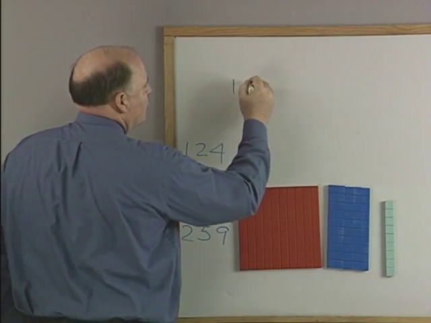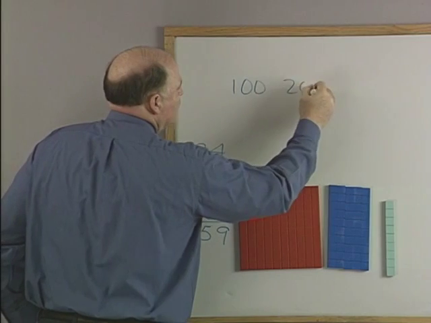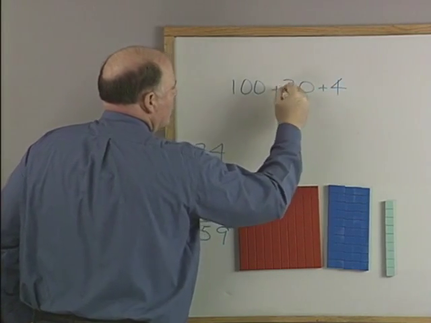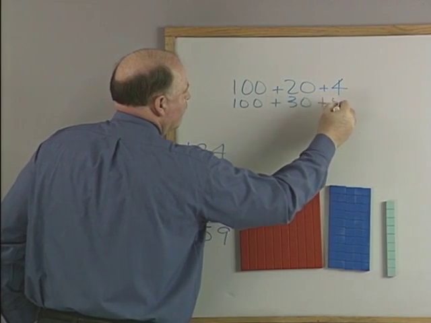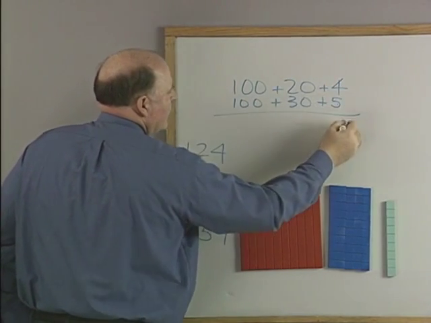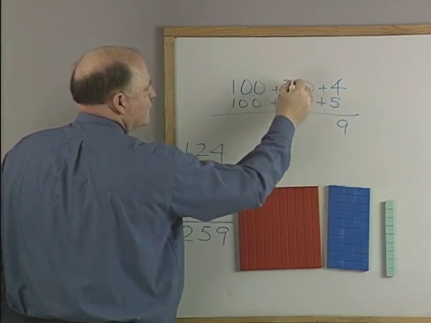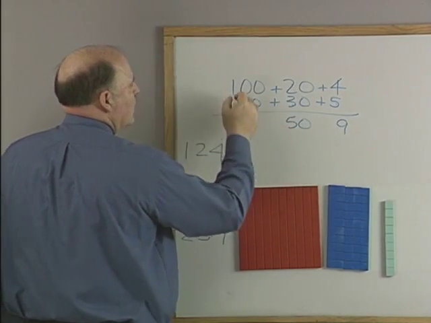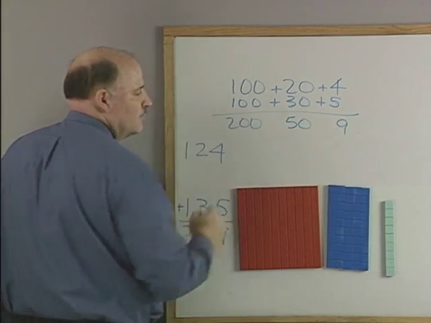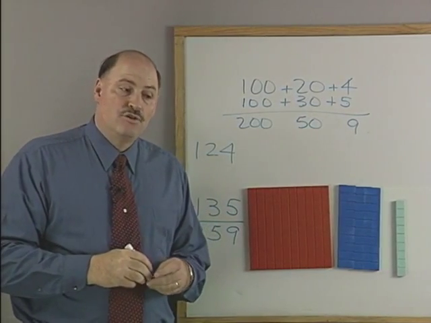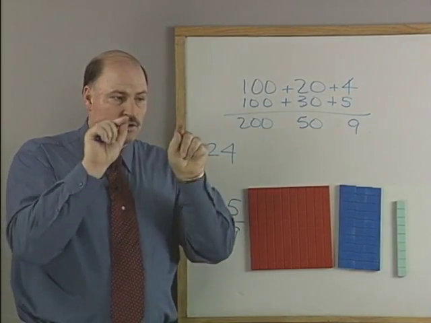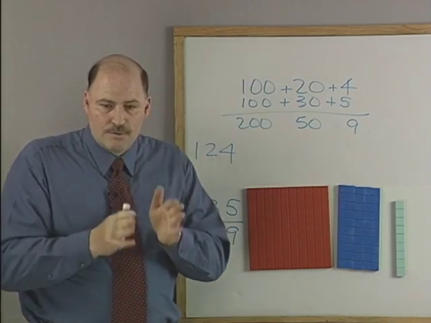You could say 124 plus 135. 4 plus 5 is 9. 3 tens plus 2 tens is 5 tens. 100 plus 100 is 200, right? It's the same thing. Some people like to use graph paper. Then each little square gets a number and you line them up straight above each other.